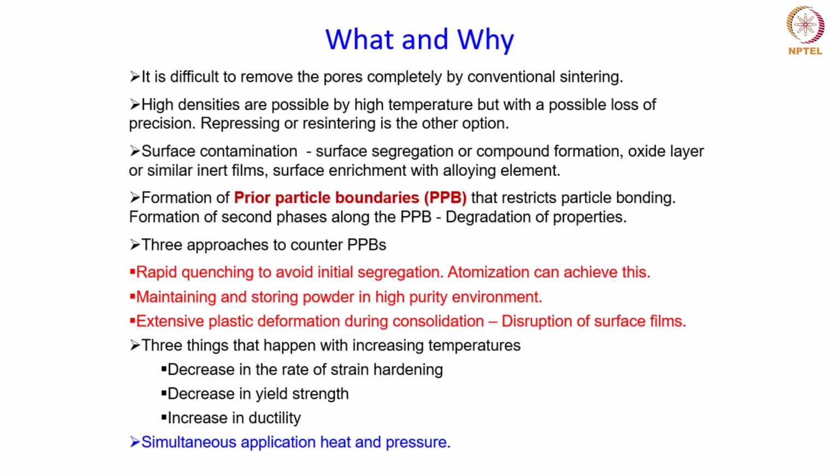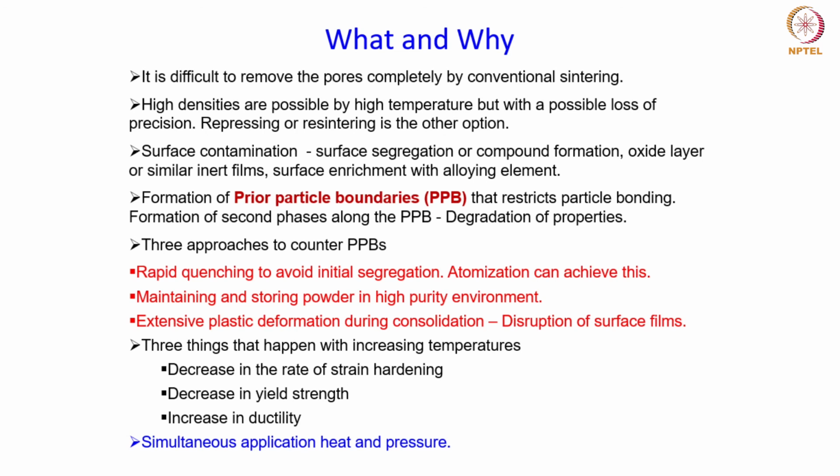And the reasons behind not achieving full density in conventional solid state sintering are many. One of the main reasons which prevents the bonding between the particles is the presence of the prior particle boundaries and the consequent formation of second phases on this kind of boundaries.